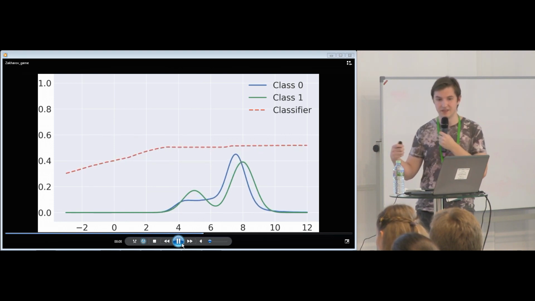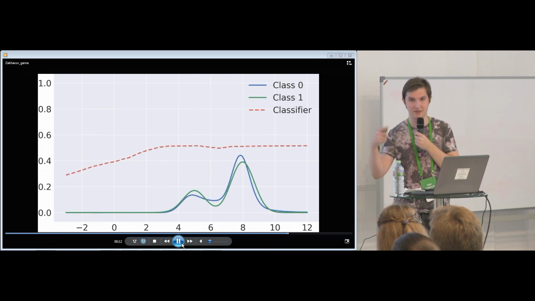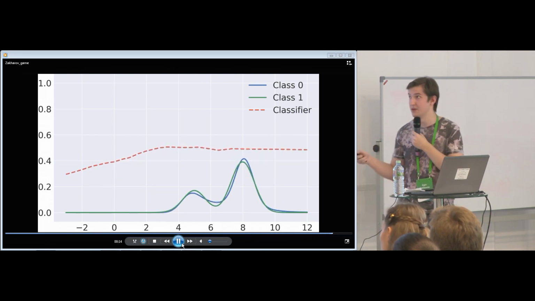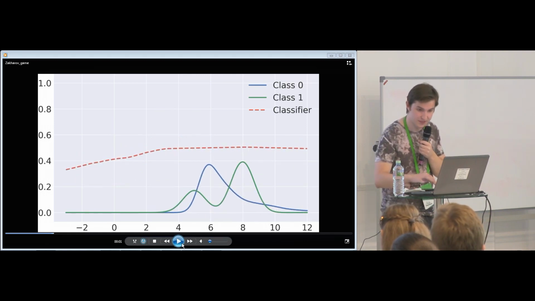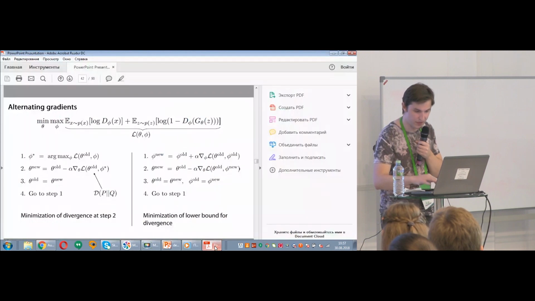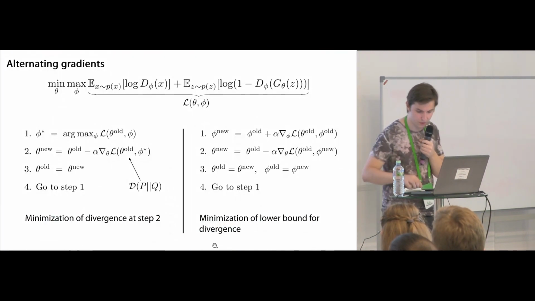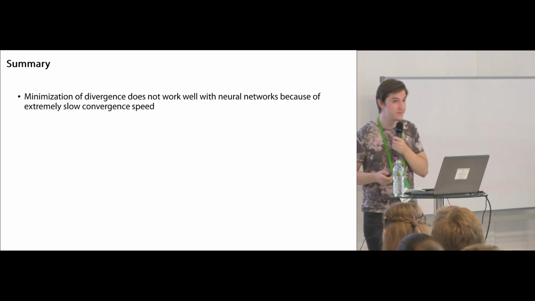So the lower bound for divergence is not just a lower bound, it's a very loose lower bound. It's very far from being optimal. But this works, and this is what is actually done in practice, and is one of the hot topics related to GANs.